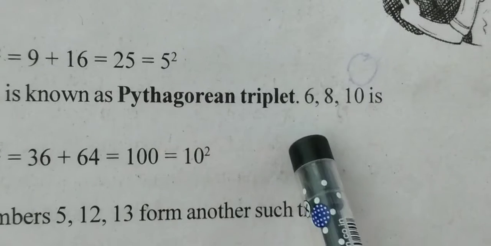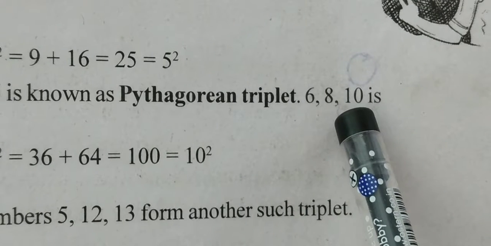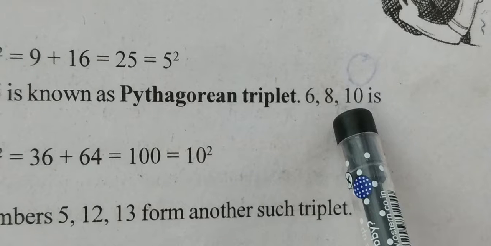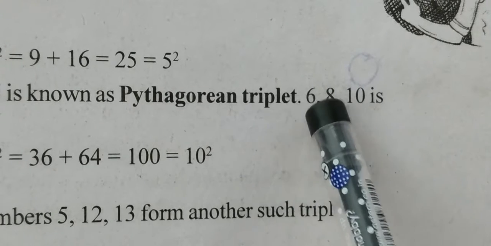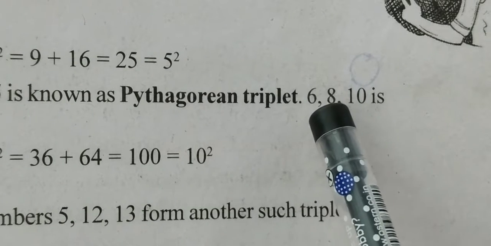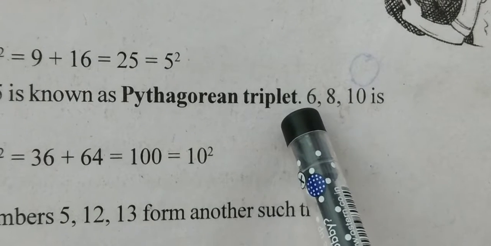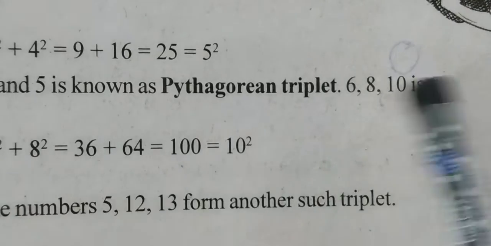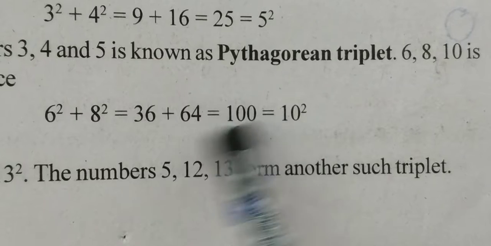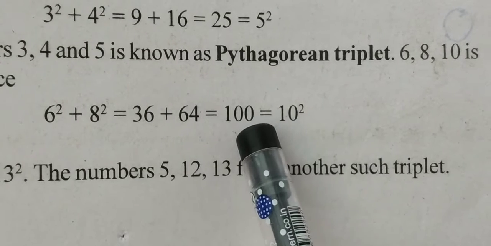In the same way, here the example 6, 8 and 10 is taken and it is said that they are Pythagorean triplets. Let's see, 6 and 8 are smaller than 10. So the sum of the squares of 6 and 8. Square of 6 is 36. Square of 8 is 64. When you add these two squares, you get 100.